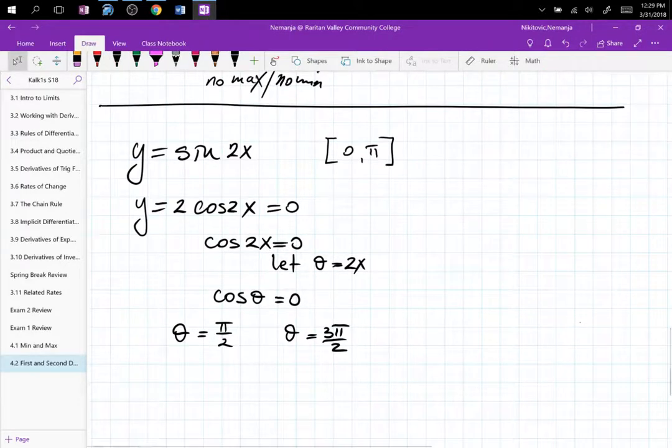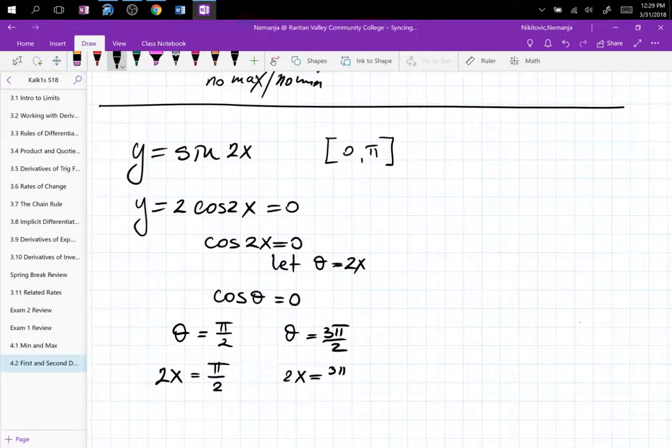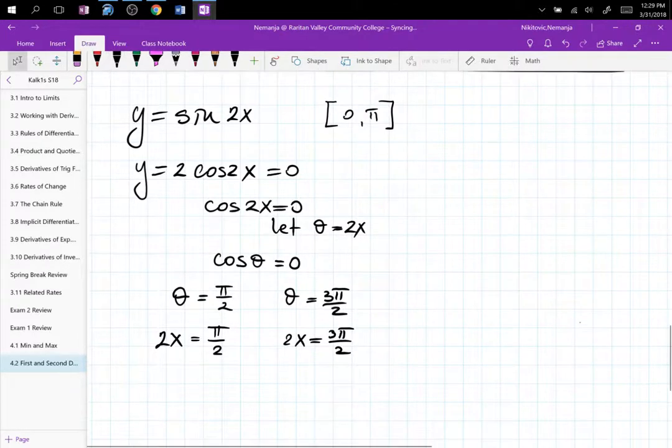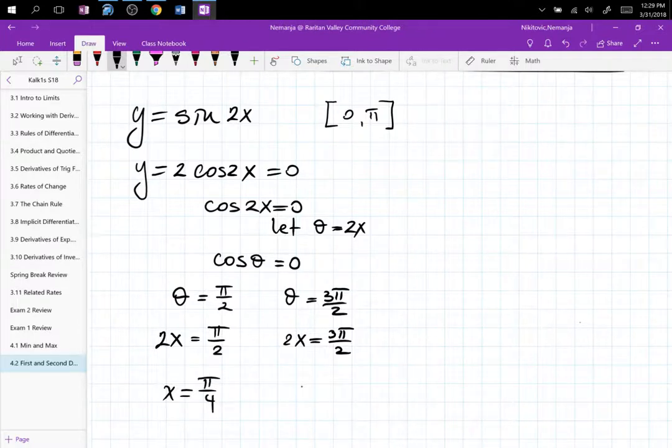But I'm sorry, no one cares about thetas, all right? We want to calculate x's. So you substitute 2x for theta, and then multiply both sides by a half to cancel this. So x is pi over 4 and x is 3 pi over 4.